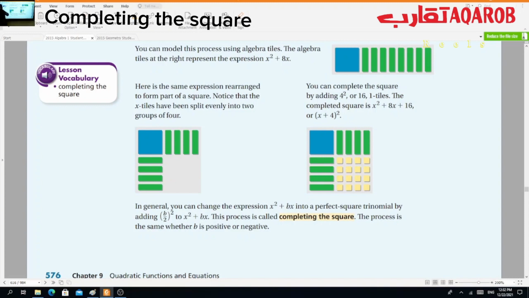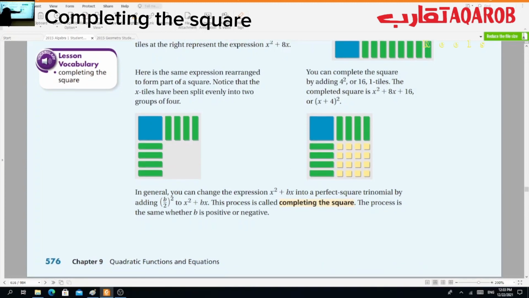I can complete this square by adding, as you can see, 16 small tiles to complete the square.